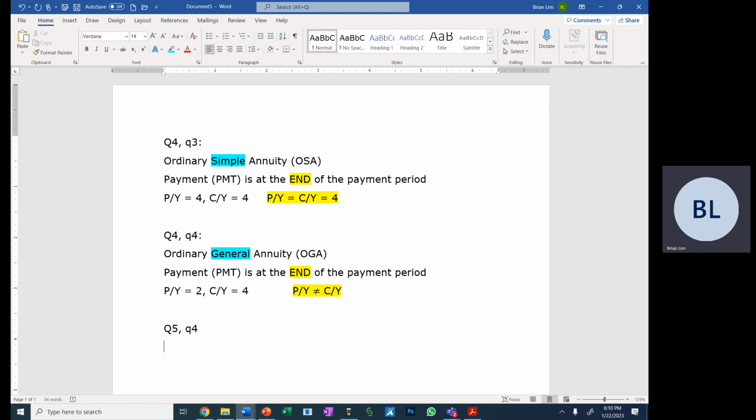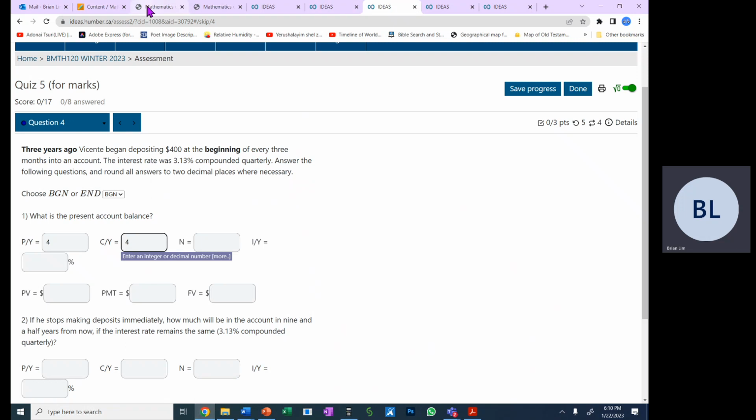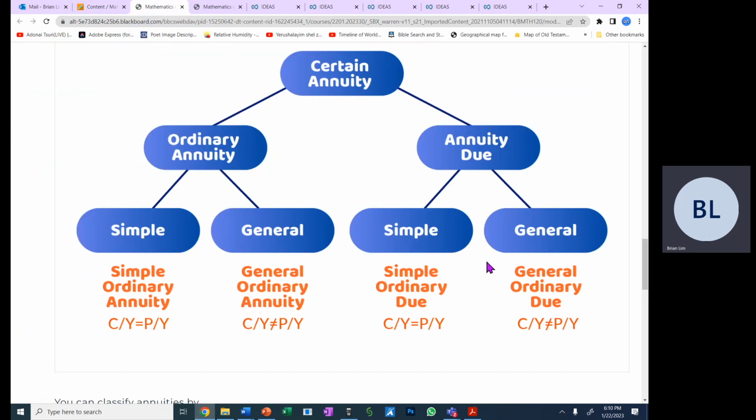So what we have there is, I would put it like this, simple annuity due, or annuity simple due, whichever way you like to say it. I think if you go into here, it'll say simple ordinary due, or general ordinary due.